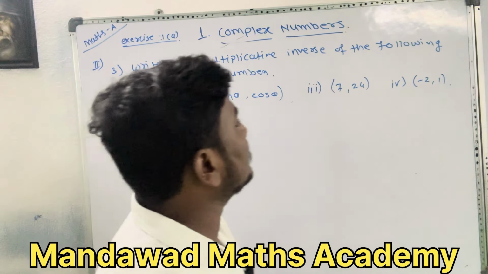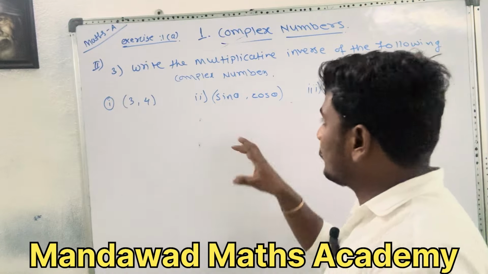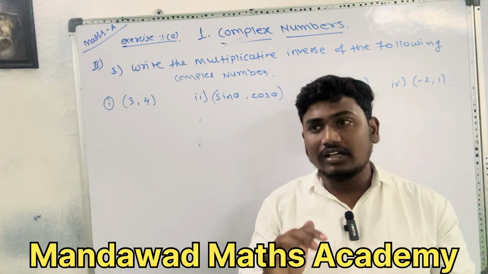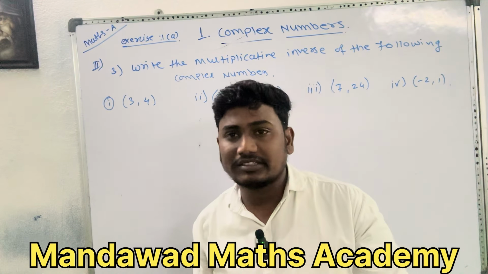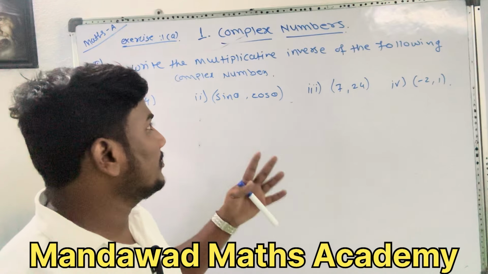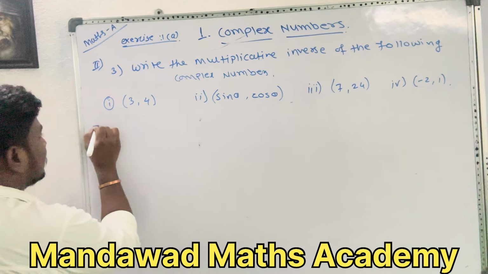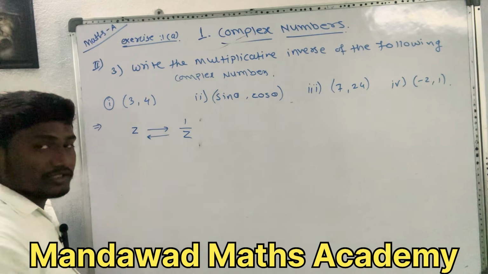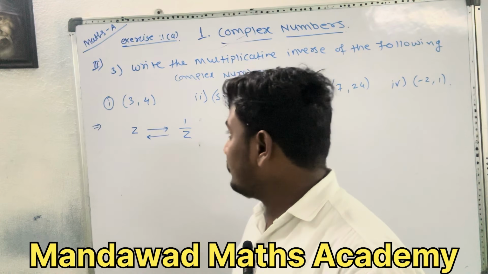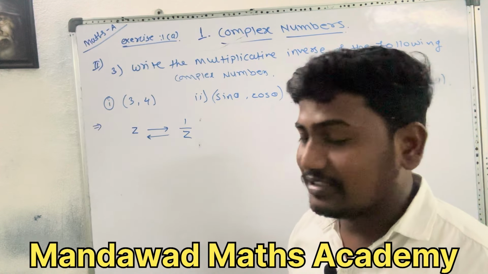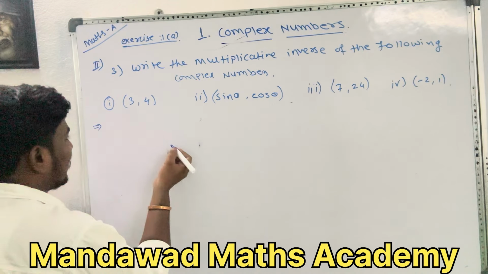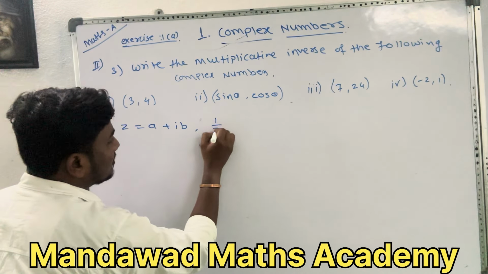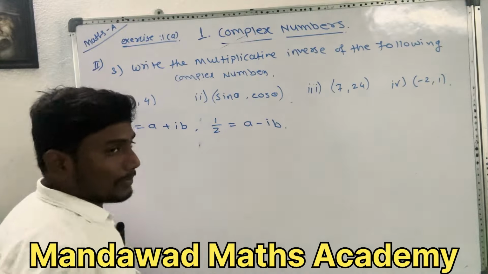Now the next question is: write the multiplicative inverse of the following complex numbers. Additive inverse is nothing but Z is the additive inverse of minus Z and minus Z is the additive inverse of Z. Similarly, the multiplicative inverse: Z is the multiplicative inverse of 1 by Z and 1 by Z is the multiplicative inverse of Z. So we are given Z and need to find 1 by Z. We saw in the previous example, suppose Z is equal to a plus ib, then 1 by Z is a minus ib, you can remember.